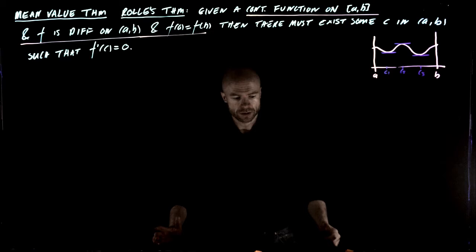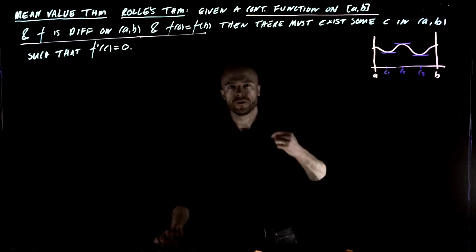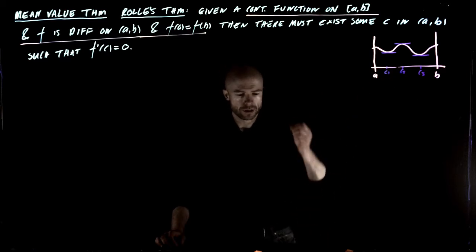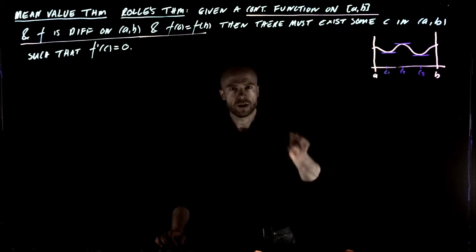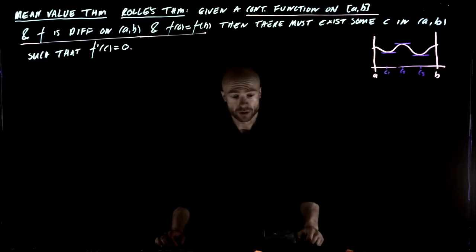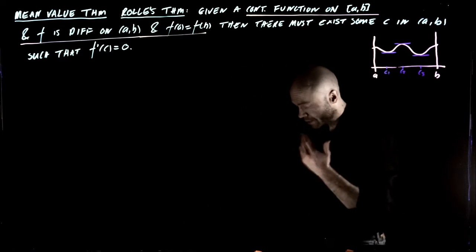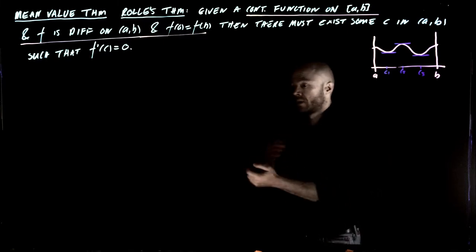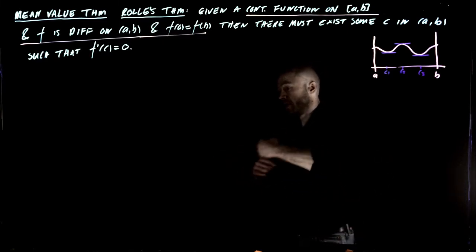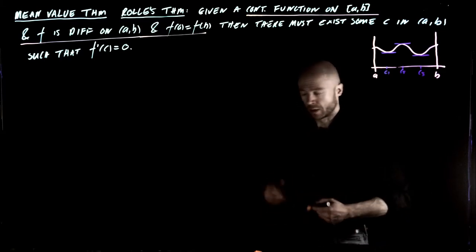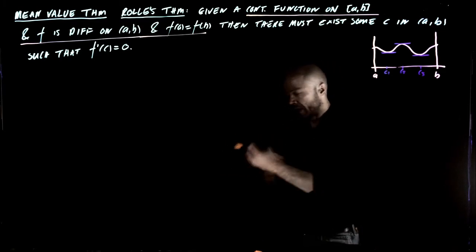Another metaphor for this is suppose that f represents your position, and a to b is some time interval. Then f of a is where you start, and f of b is where you end, which is exactly the same place. And f prime again is your velocity. So let's imagine I am the thing which is moving with respect to time, and my position is given by f of t, between a and b.